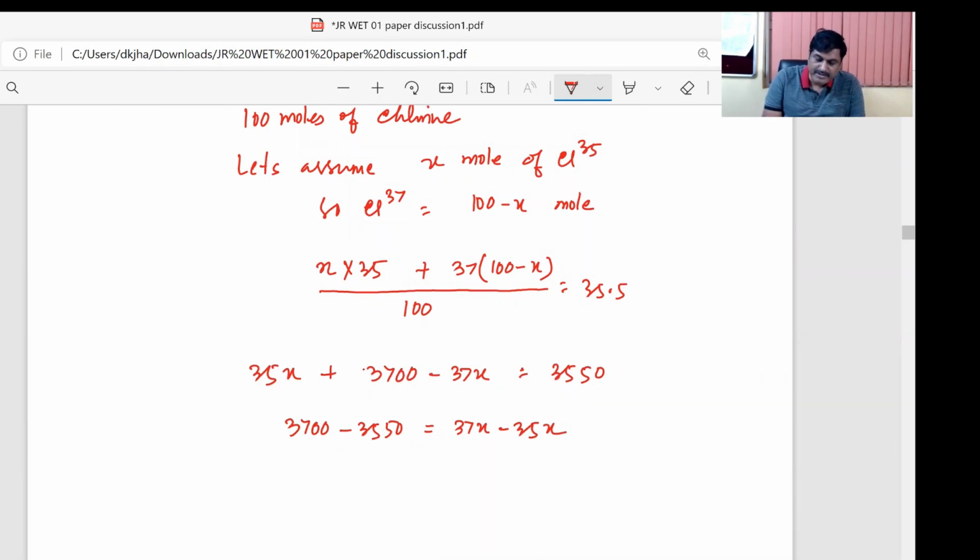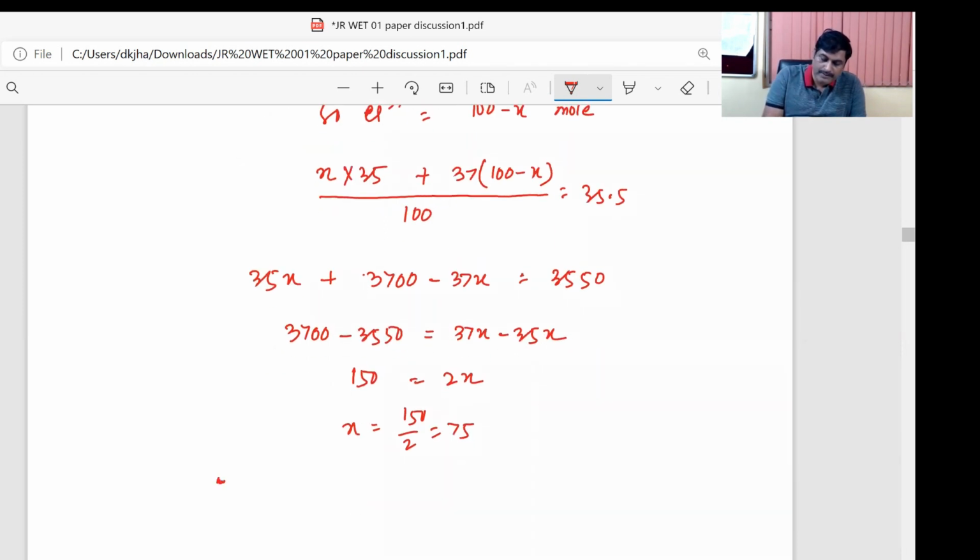550, 600 and 150 is equal to 2x. So the x is equal to 150 by 2 is equal to 75. 75 moles, this one Cl-35, 75 moles.